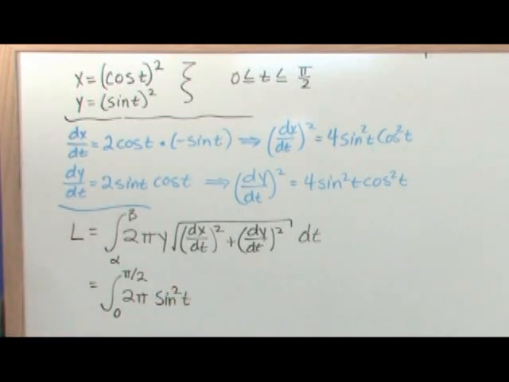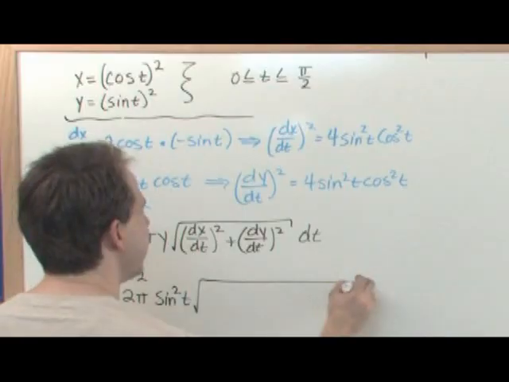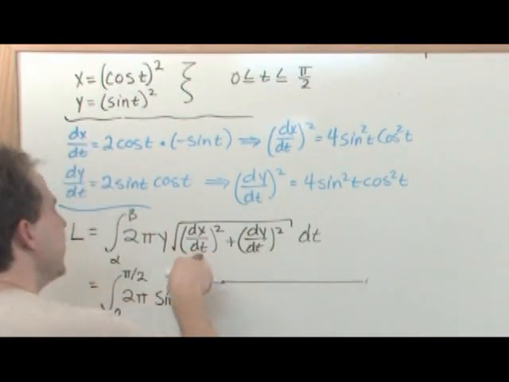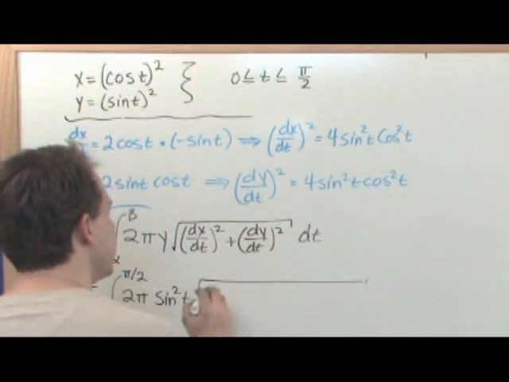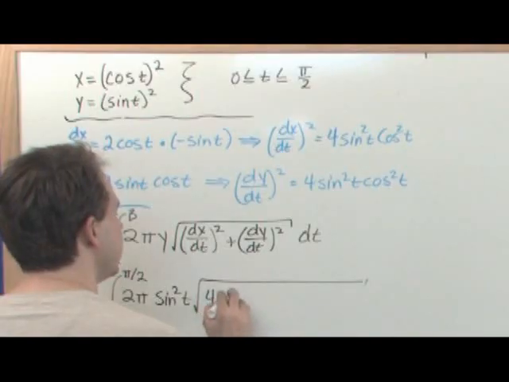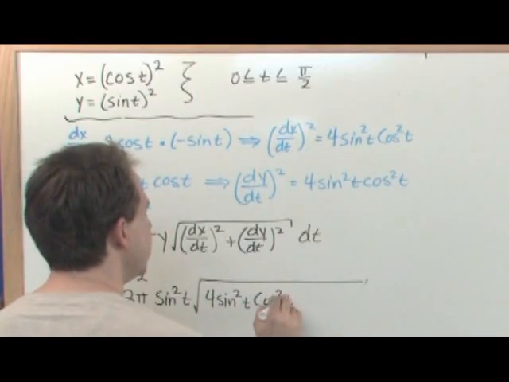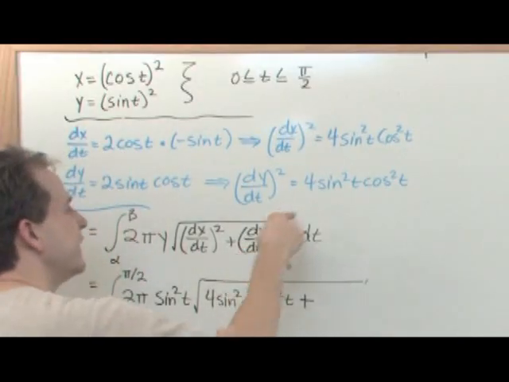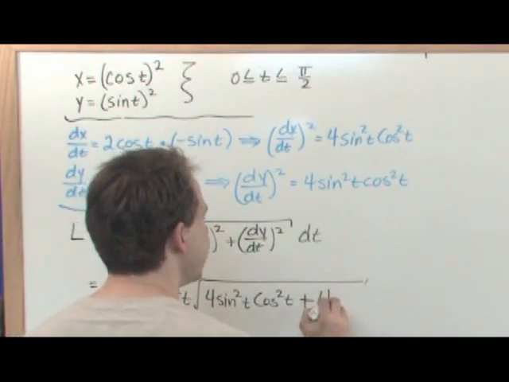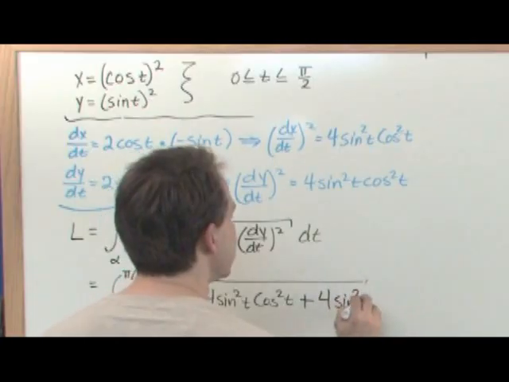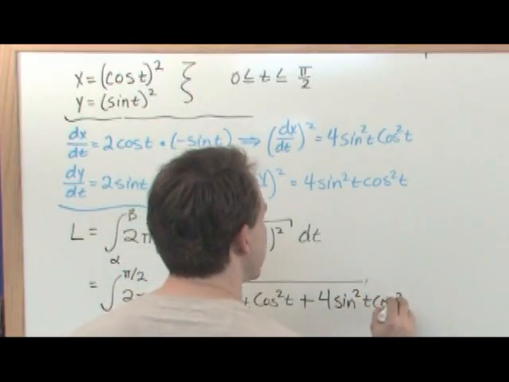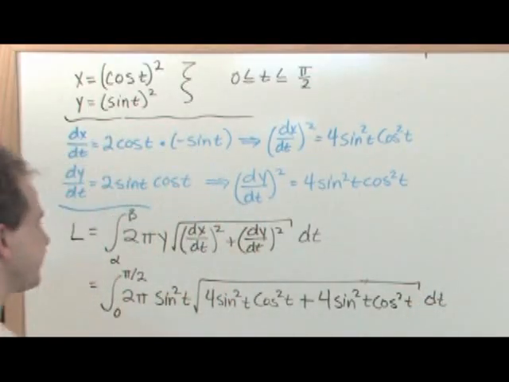Now under the radical, I have some interesting stuff because dx dt squared is given by this, 4 times the sine squared of t times cosine squared of t, plus dy dt squared is the same thing. We just calculated that. 4 times the sine squared of t times cosine squared of t. And I'm integrating all this stuff over dt.